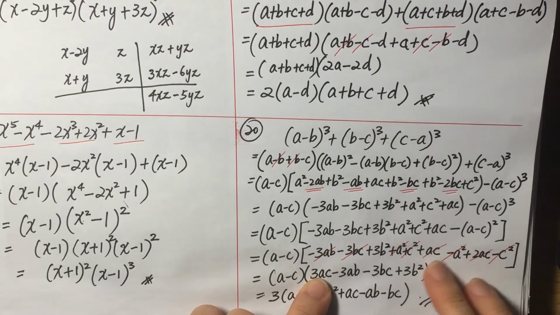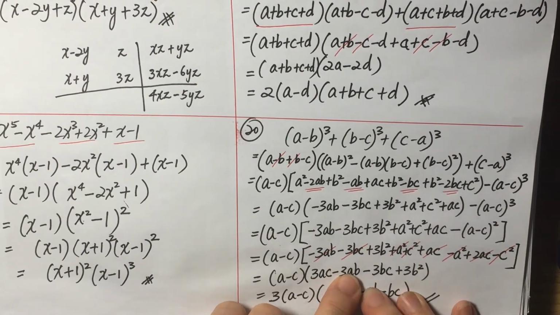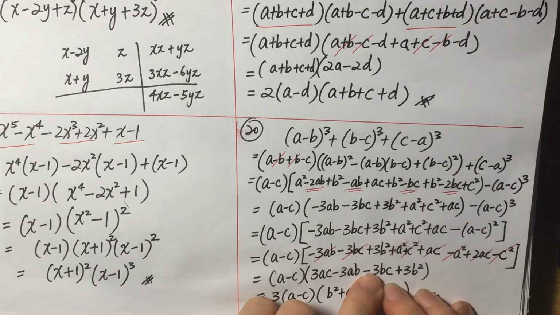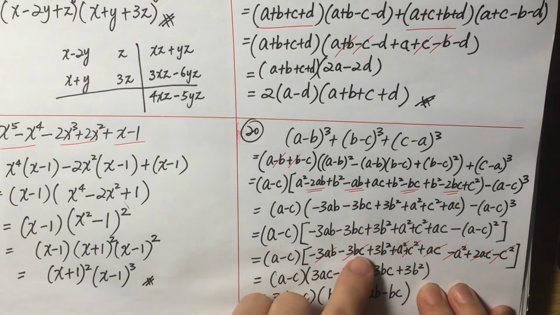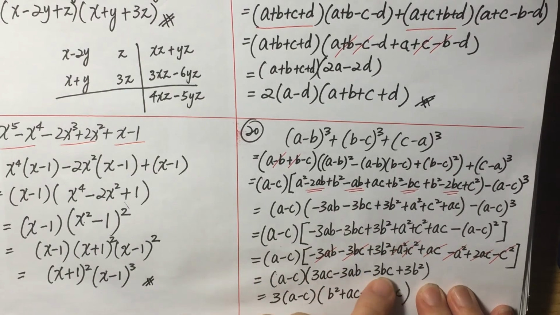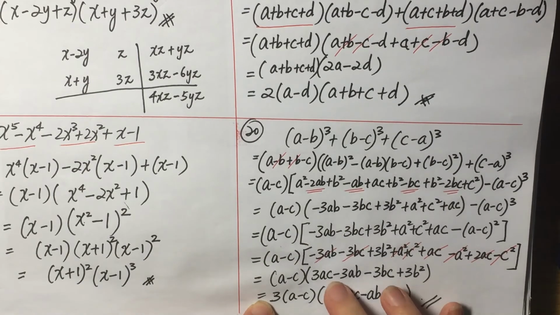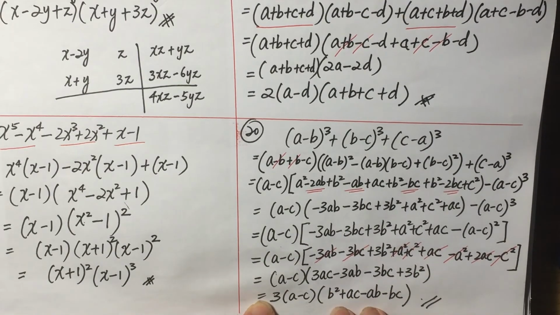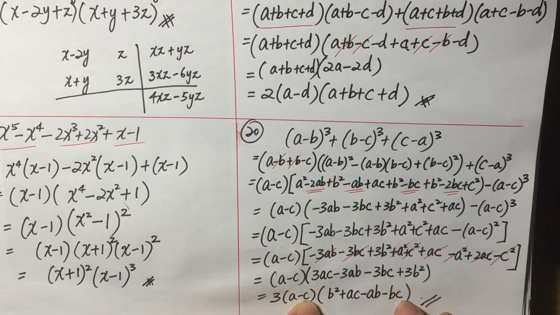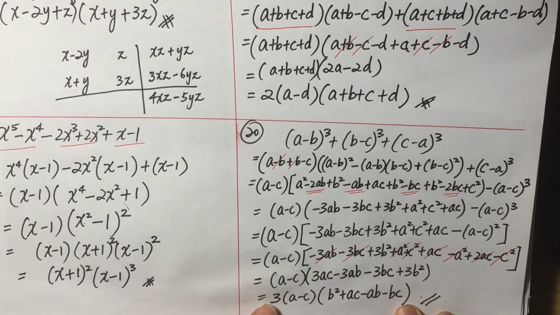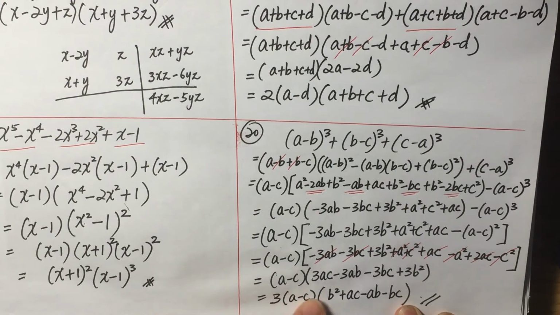So 3ac minus 3ab minus 3bc plus 3b squared. So after simplifying, cancellation and so on, you have this, and every one of them has a common factor of 3. So take a 3 out, and then you will have 3 times (a minus c), and then times, okay, I put the b squared first, then ac, then ab, then bc. So now it is factorized to be this times this times this.